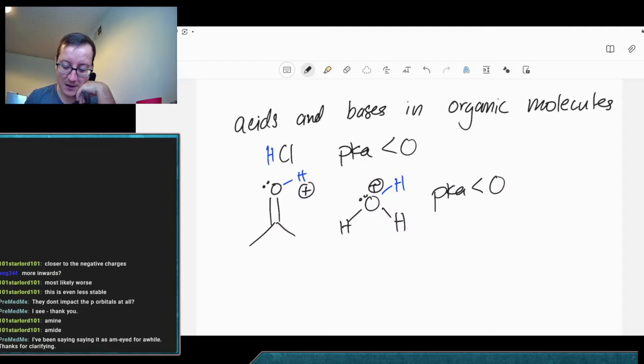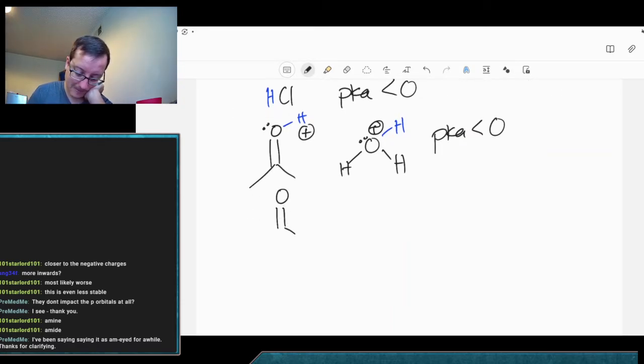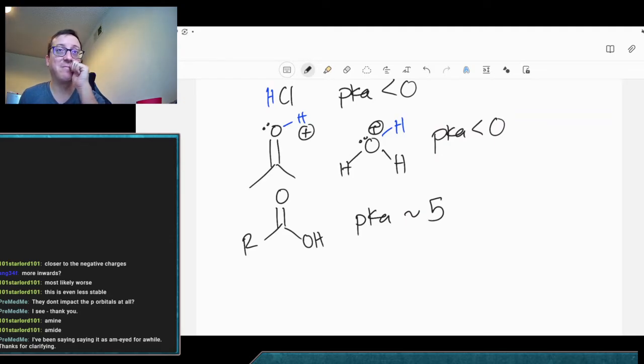So, these guys have pKa's below 0. They're very acidic, right? These things are very happy to get rid of their protons. We're going to see that carboxylic acids have pKa's of around 5 or so. I'm just going to give you some pKa's in general so we have a ballpark idea of how acidic things are.